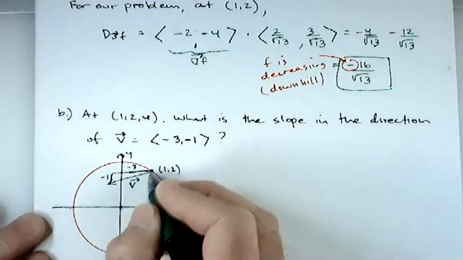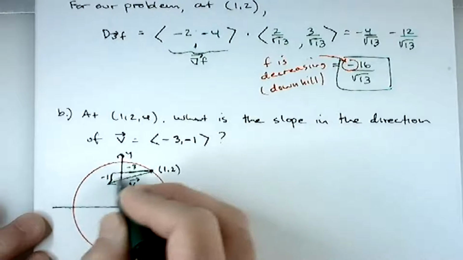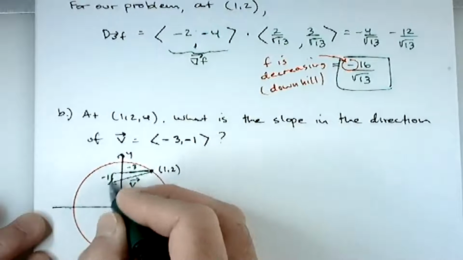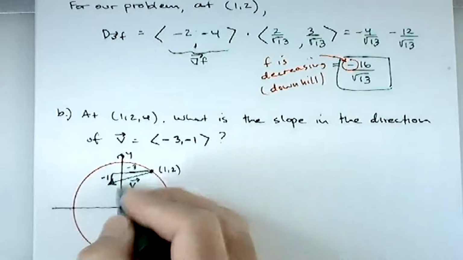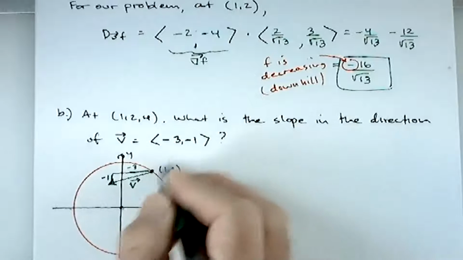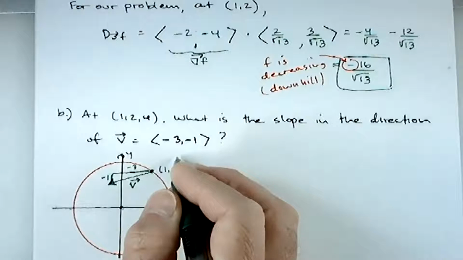I'm not moving straight to the peak. Do you think you're going to be going uphill or downhill? How many people think it's reasonable you might be going uphill, since you're going at least closer to the top of the mountain than away from the summit? You're not going this way.